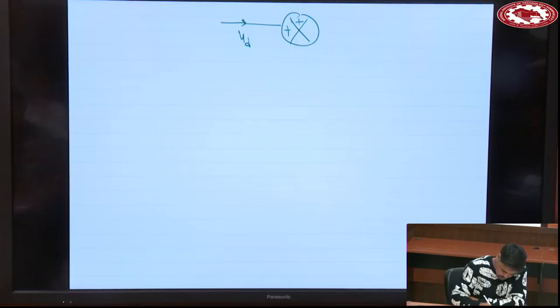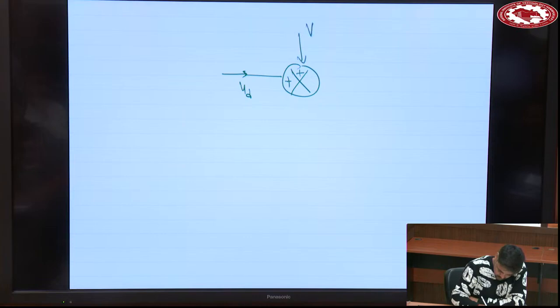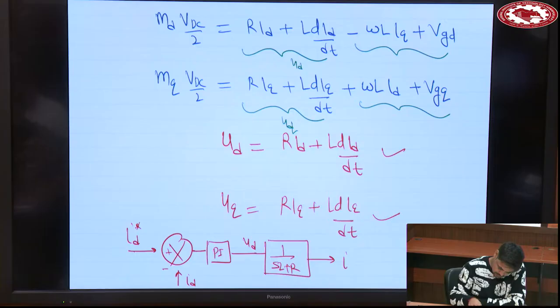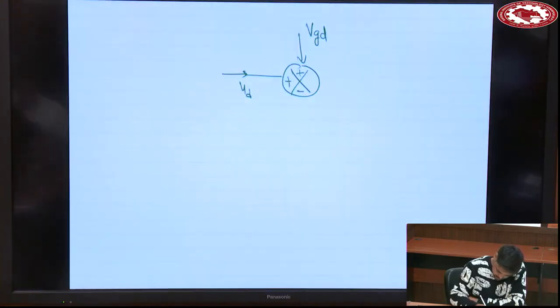This is UD, plus VGD, minus omega L times IQ.